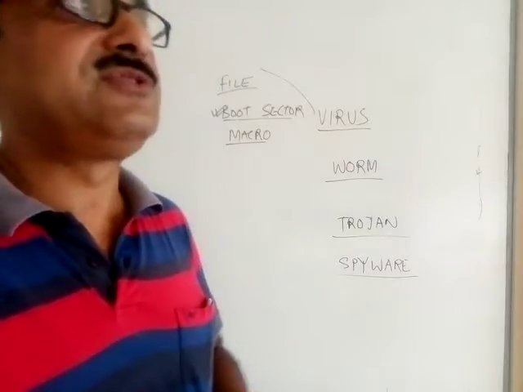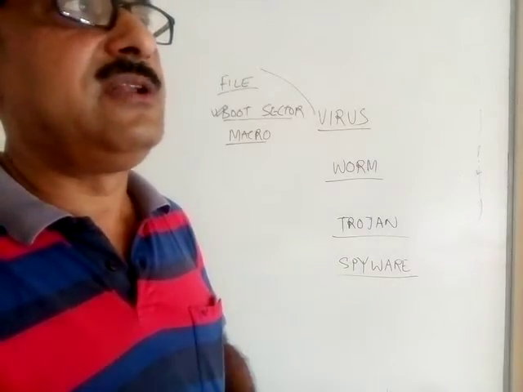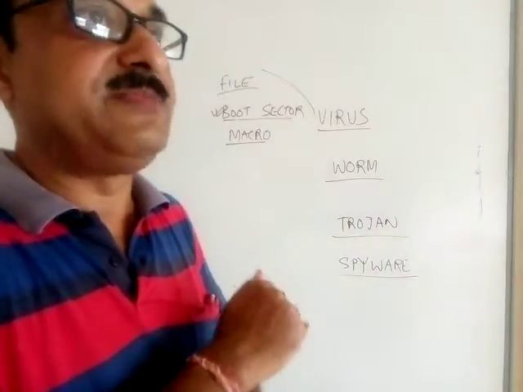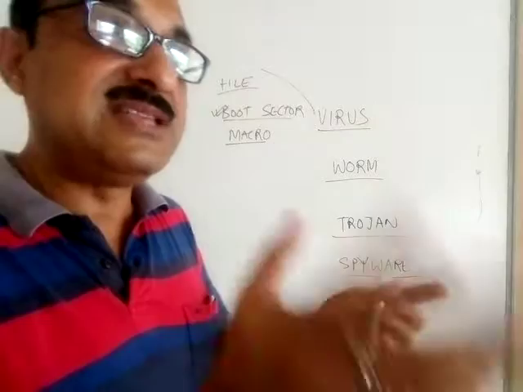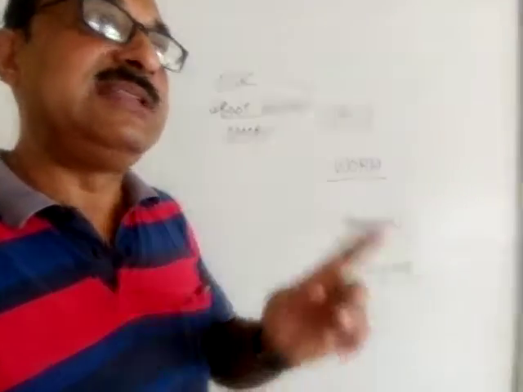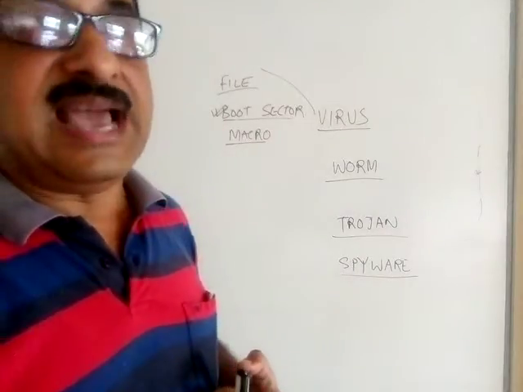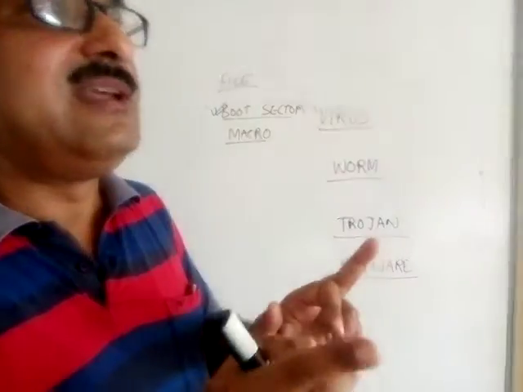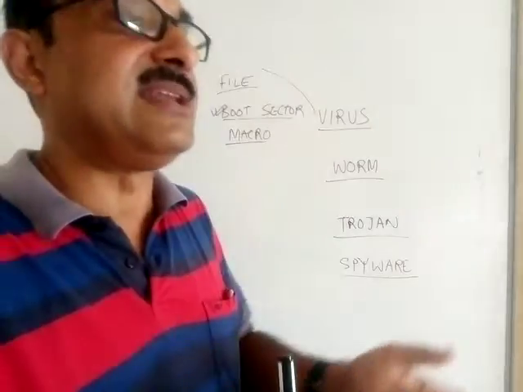Spyware can also come through your computer when you install pirated software, pirated movies, pirated songs, pirated images. When you try to download movies and songs freely, that way also spyware can come in. And spyware has another capacity which Trojan doesn't have. Spyware fiddles around with the security settings.